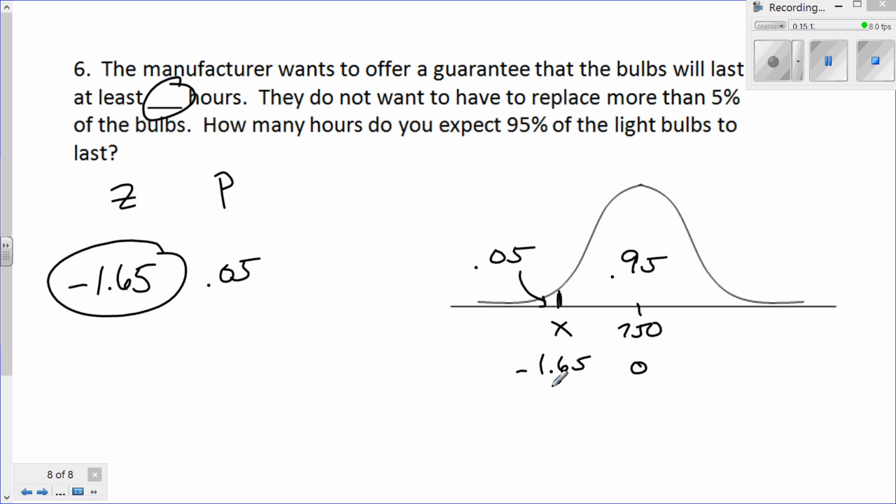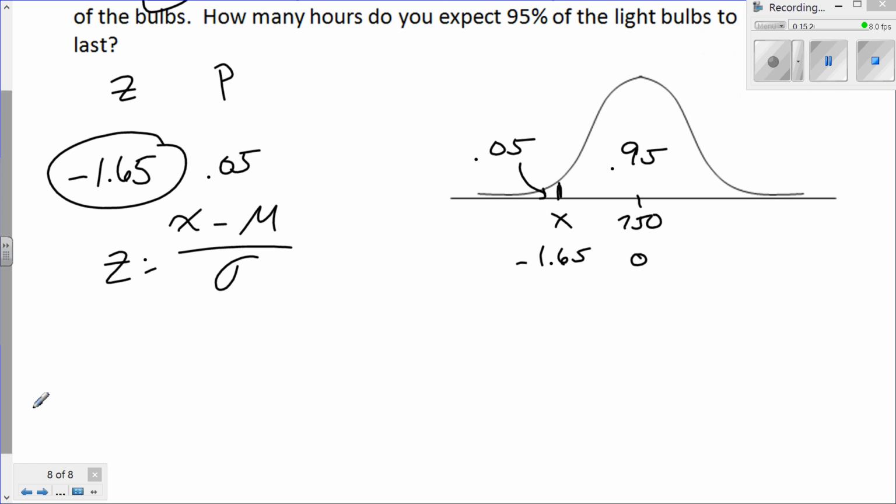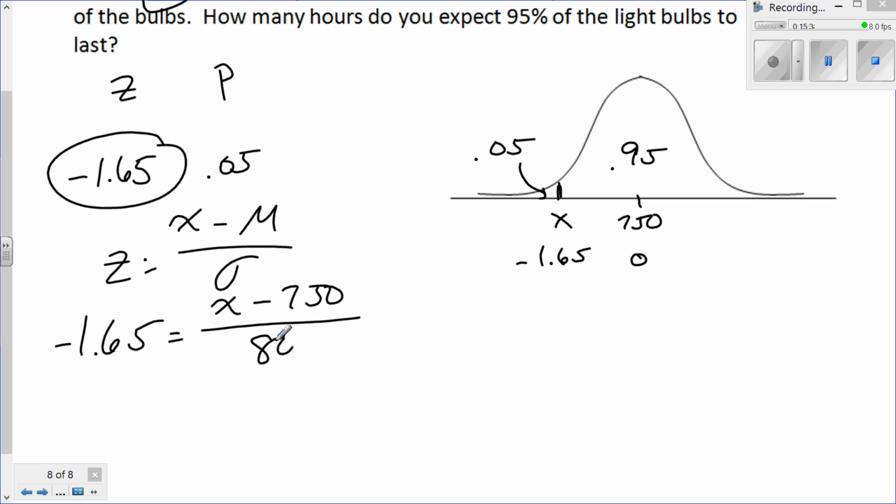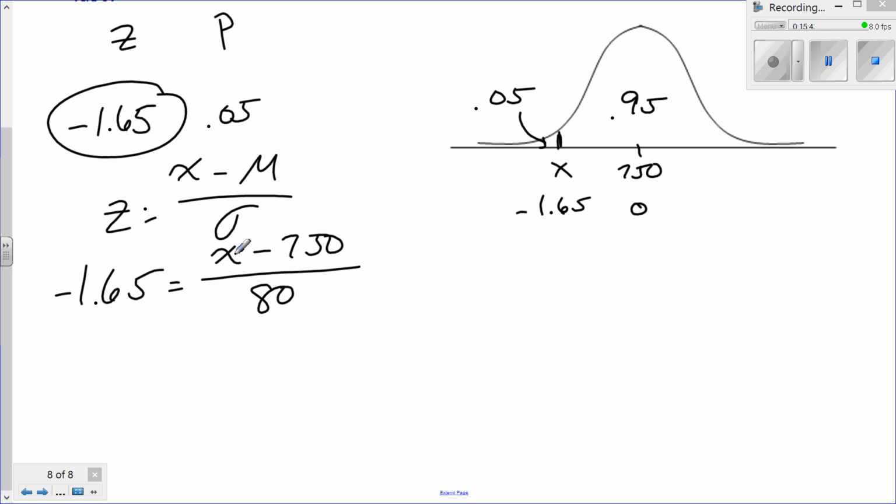So basically we've got the z-score, and we're looking for the value of x, the actual number of hours for the light bulb. We know the z-score is x subtract the mean, divided by the standard deviation. We want our z-score to be negative 1.65. We don't know x. We do know our population has a mean of 750 and a standard deviation of 80. Now we just need to do some algebra to solve for that cutoff value.